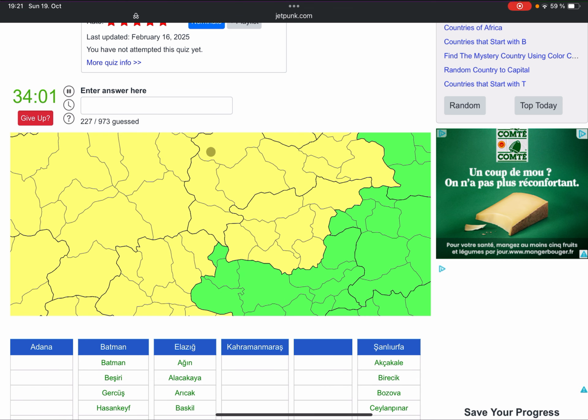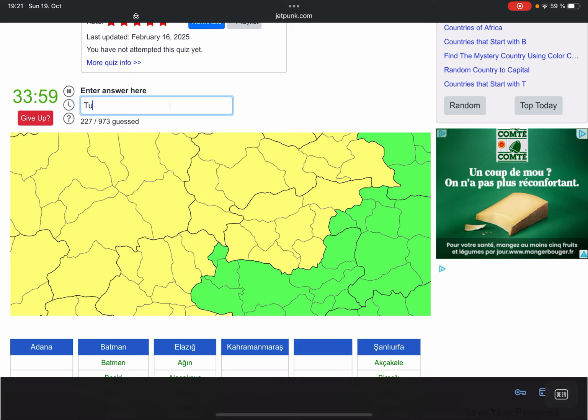Alright, let's continue right here with the province of Tunceli. We have Ovacık, Pülümür. I'm having really big trouble getting used to typing these umlaut letters, which exist in German as well, but usually I'm not used to typing either German or Turkish.